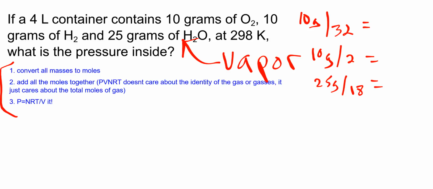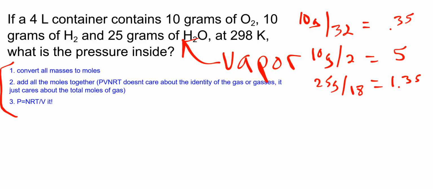And again, I really don't feel like getting my calculator. So I'm going to say that 10 over 32 is roughly 5/16, around 0.35. Now I'm making these numbers up. This one's 5 for sure, and 25 over 18 is probably around 1.35. I'm just making those up.